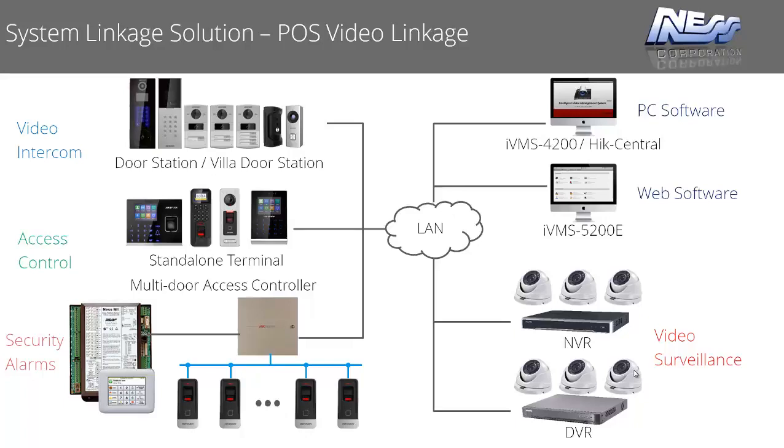It also interfaces into the NES M1, so from an access control card reader we can arm and disarm the security system, etc. And also obviously into an NVR, so any event that can occur on an access control, etc. can be recorded and easily played back on an NVR, so everything is totally integrated together and managed either at an IVMS 4200 level or right up to the Hik-Central management software, so it gives a great overall powerful total solution.